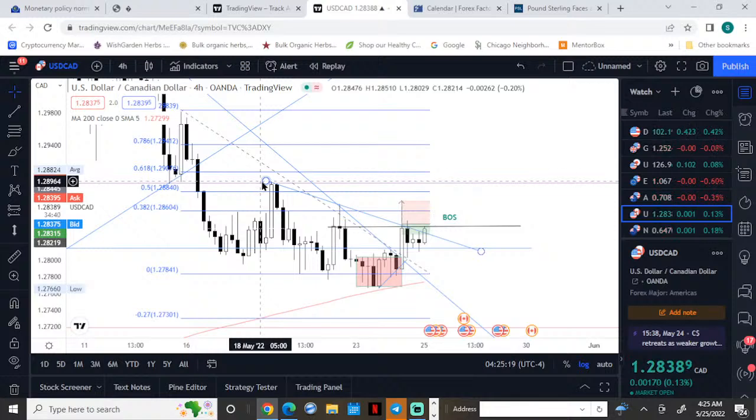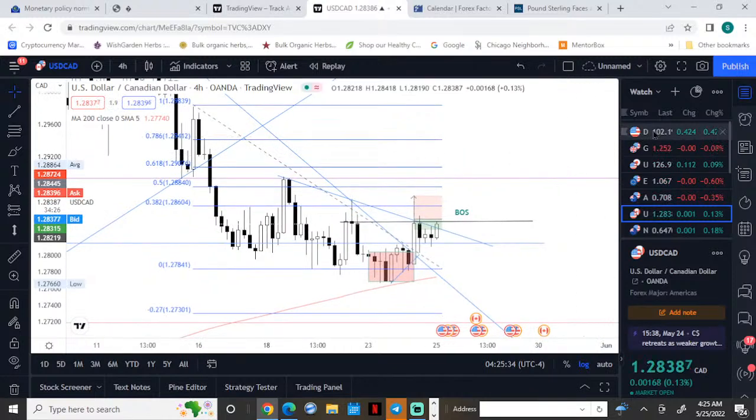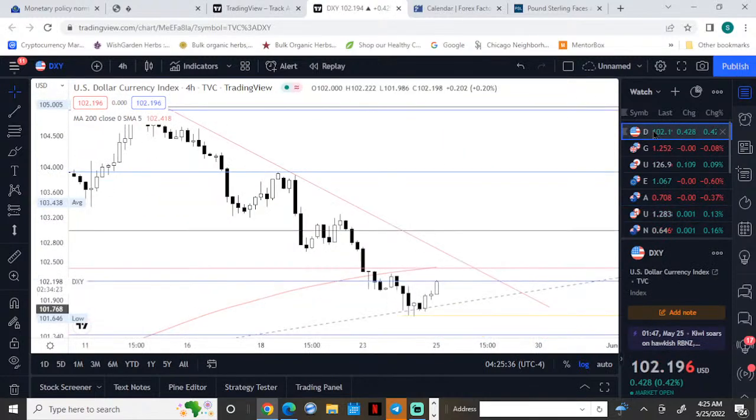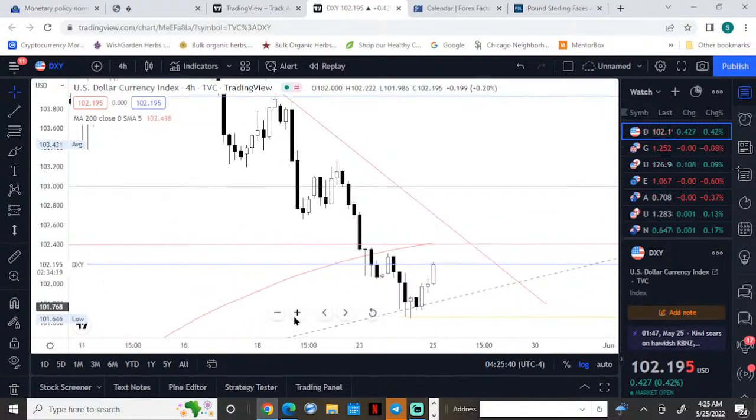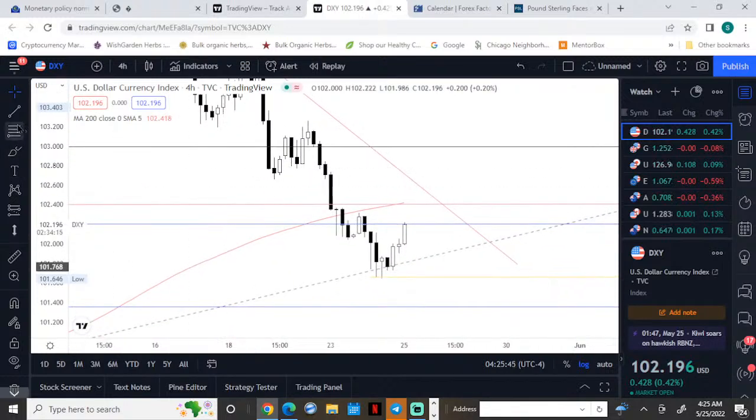And then I'd be looking for buys. Or shall I say, the trend has changed in my opinion. Same with the dollar. Be looking for a break of structure right here.